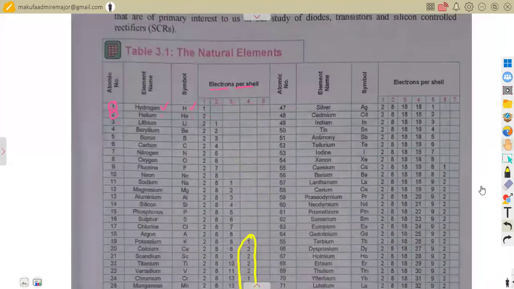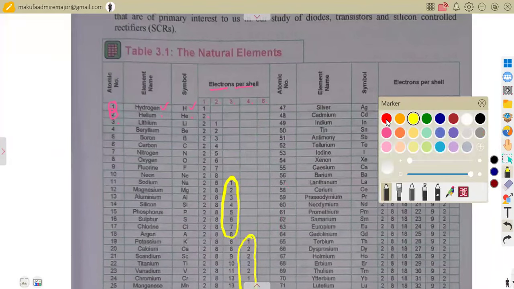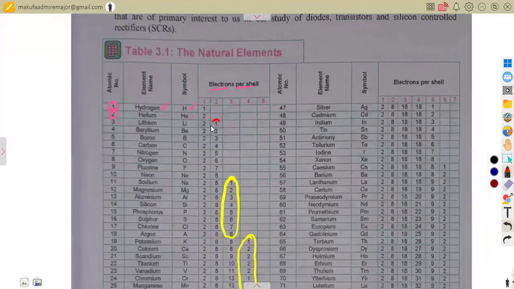If we talk about these elements that we are given here, it is going to be 1 up to these ones. These are the ones that you're going to have as your valence electrons. The same if you consider this part here, it's going to be up to just before that one. If you are considering these 2, that is their valence.